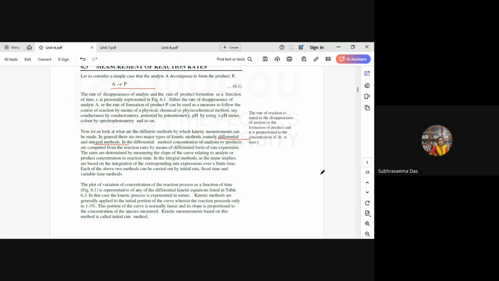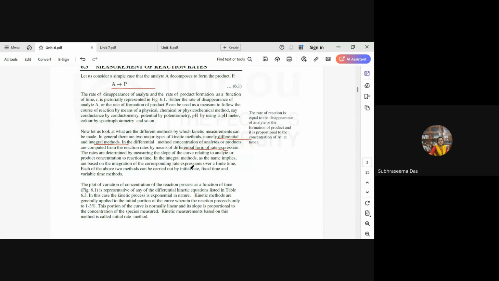From the name we can understand that in the differential method, the concentrations of the analytes or the products are computed from the reaction rates by means of the differential form. Here in the differential method, we take the concentration of either the reactant or the product in the differential form of the rate equation. Then we determine the rates by measuring the slope of the curve, and we find the rate of the reaction.